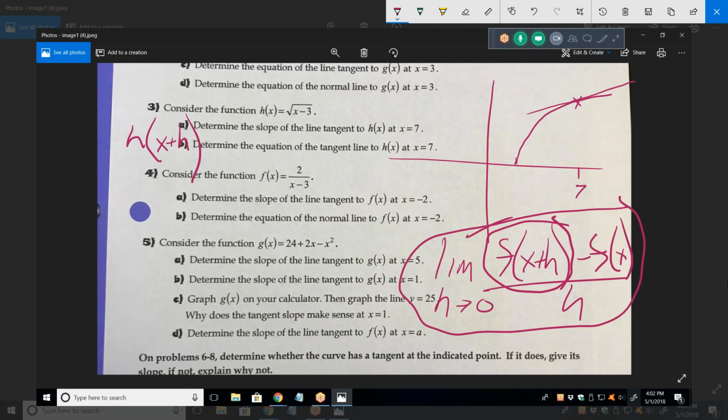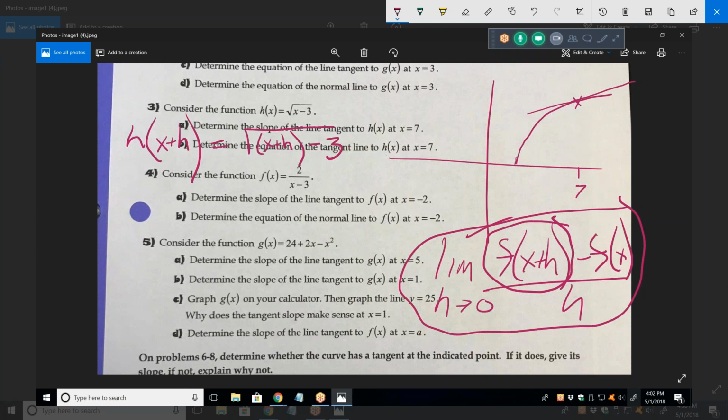In other words, it'd be just as easy if this was called f of x, and what we're really looking for is f of x plus h. So would you substitute? So you were substituting in the x plus h. Which it wants at 7, right? So I'd be substituting the 7 in for x. So it'd be 7 plus 8 minus 3 underneath the square root.